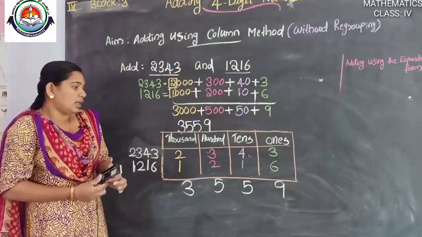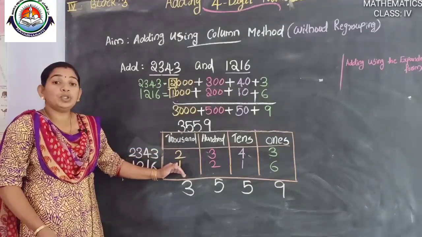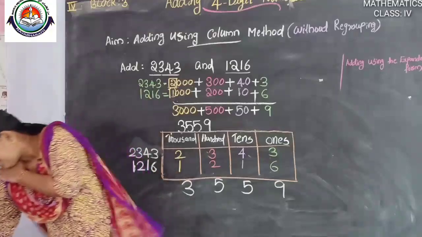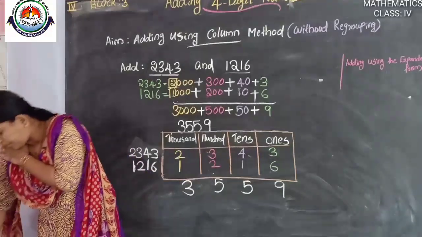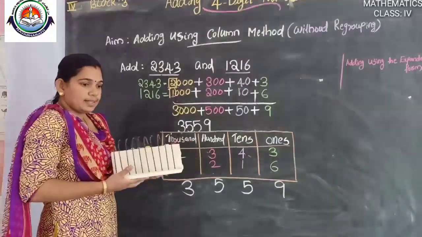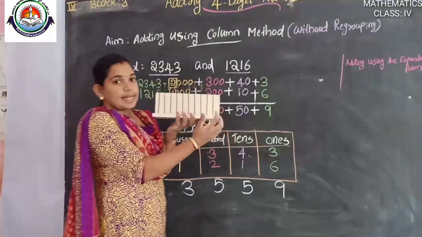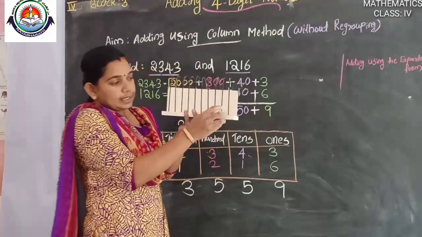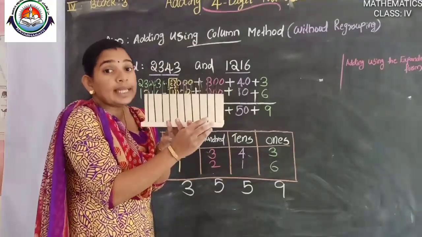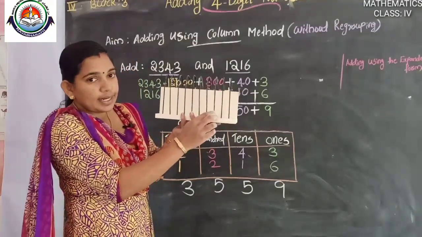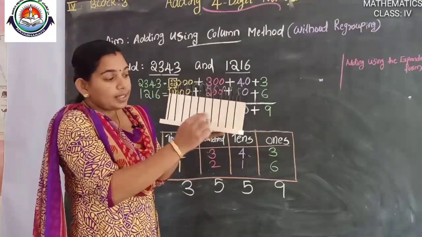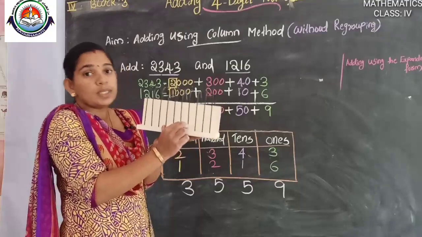Okay, we will show how to add using the abacus. This slide. Here is the abacus. From the right side, each place: ones place, this is second, tens place, third, 100, then fourth, 1000 place.